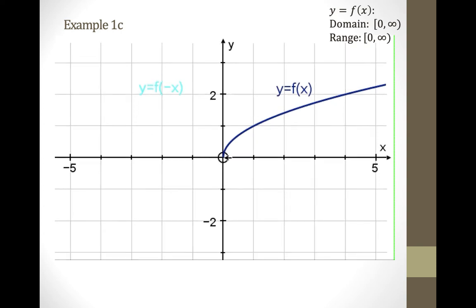Same ones as before, (0, 0), (1, 1). So 0 won't change, but the 1 becomes a negative 1 for point C, and so on. Then we join up our points that we've reflected in the y-axis and create the curve.